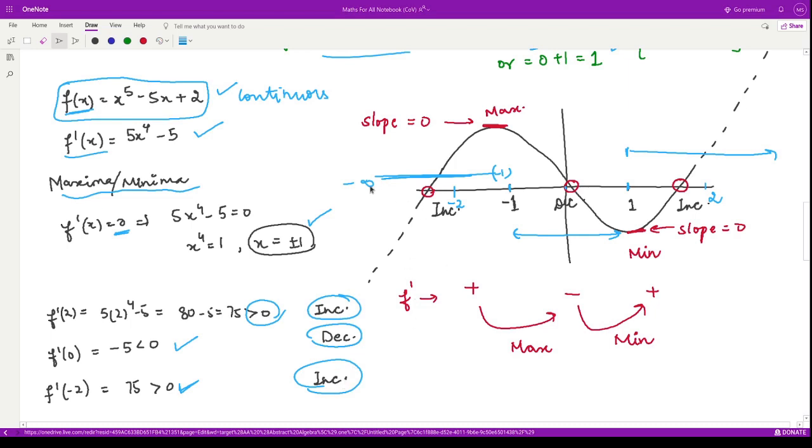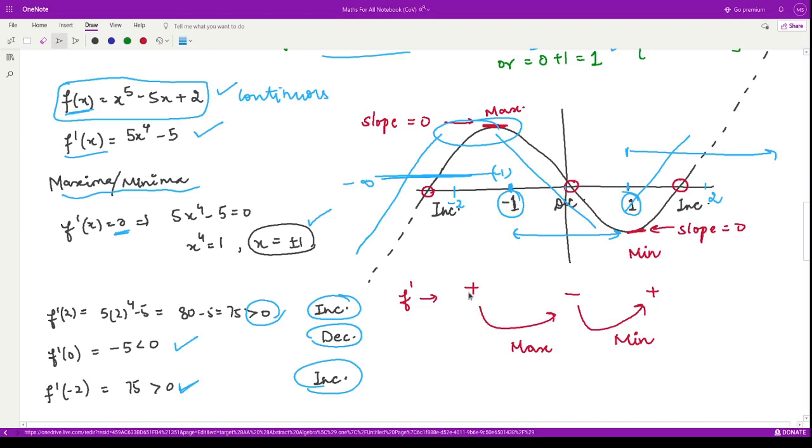In this interval the slope is positive, so the function is increasing somewhat like this, and in this interval the function is decreasing like this and then this. That means we would have a maximum at the point minus 1, because these are the only 2 points at which a maximum or minimum occurs.